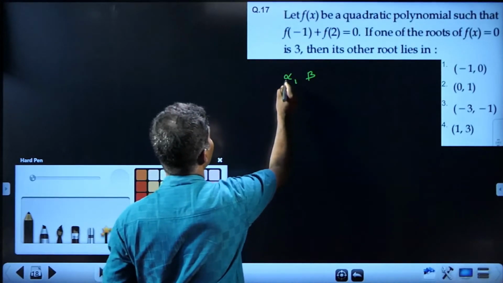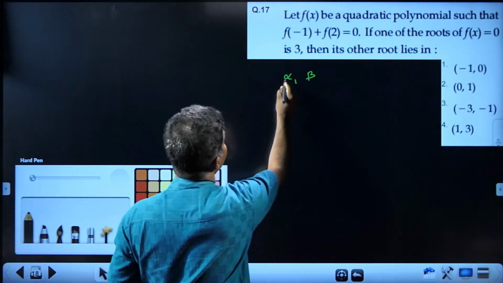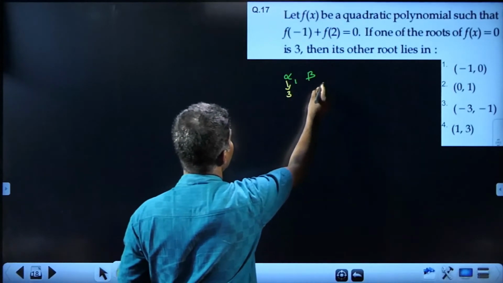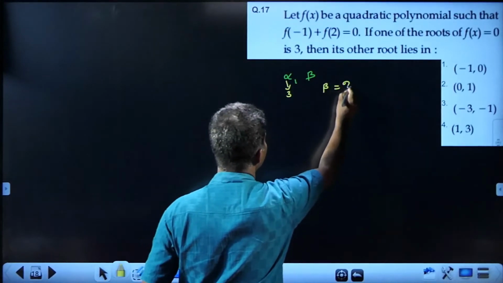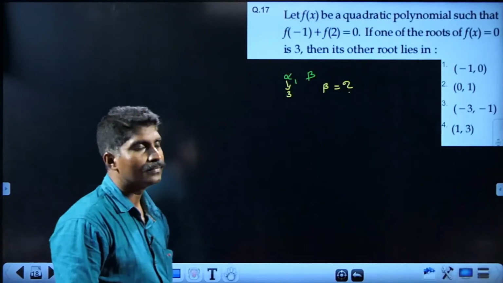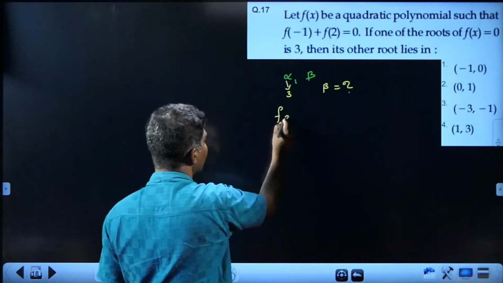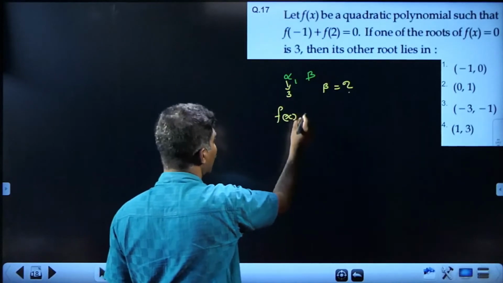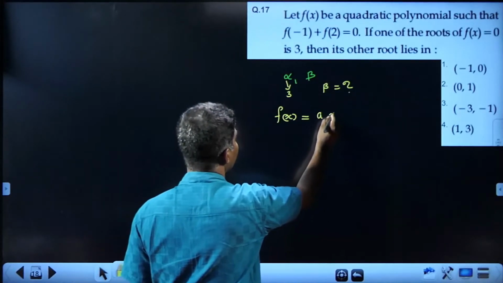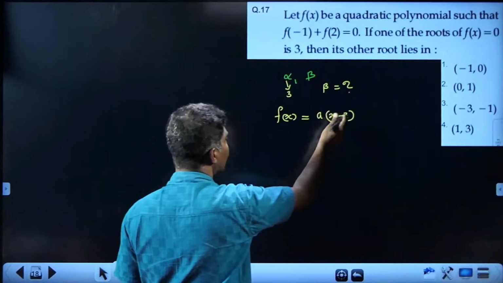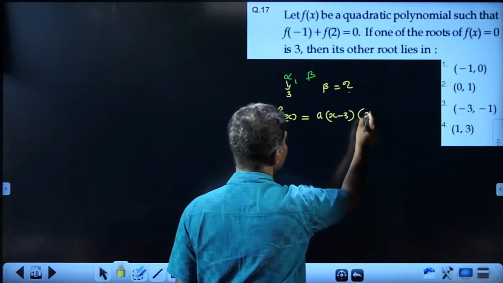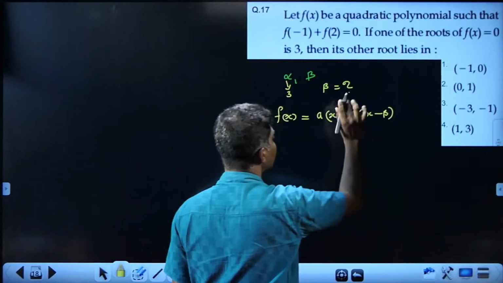It is given that alpha is equal to 3. Beta we don't know, we have to calculate beta. And as it is a quadratic polynomial, we can write f of x is equal to a into (x minus 3) into (x minus beta), because 3 is a root and beta is the second root.